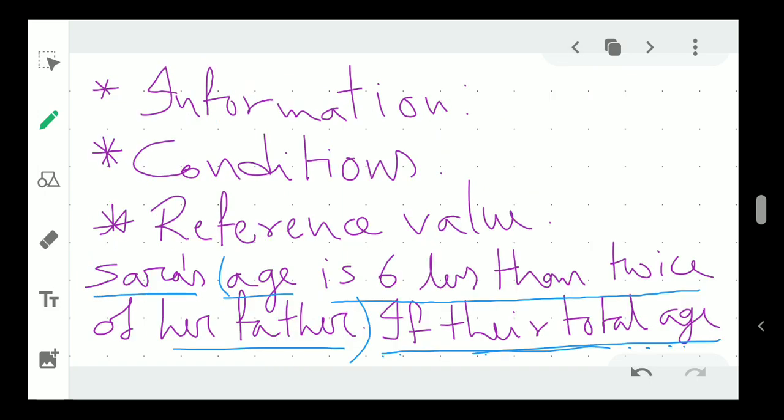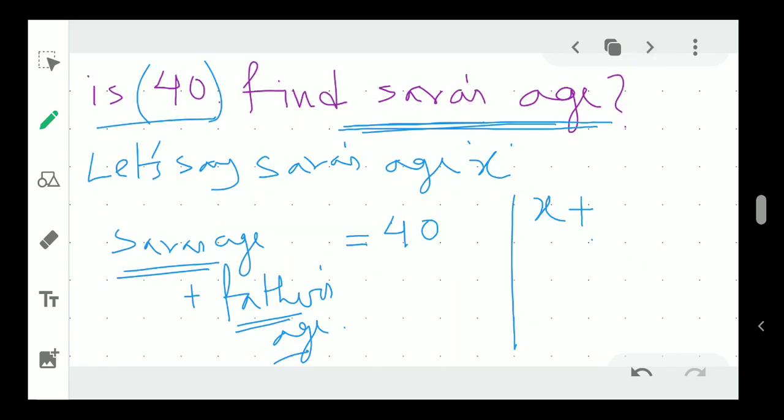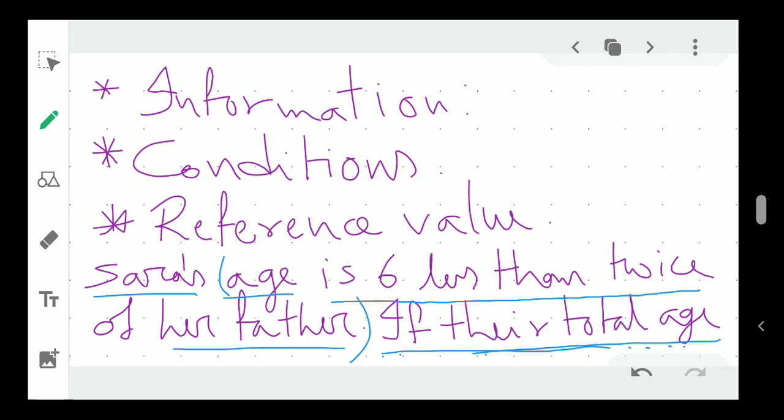See, come to the condition. Sarah's age is 6 less than twice of her father. Now already I have taken Sarah's age as X, right? But father's age I don't know. If I have to find out father's age, that will be very hectic for me, right? So you have to understand this in a question.